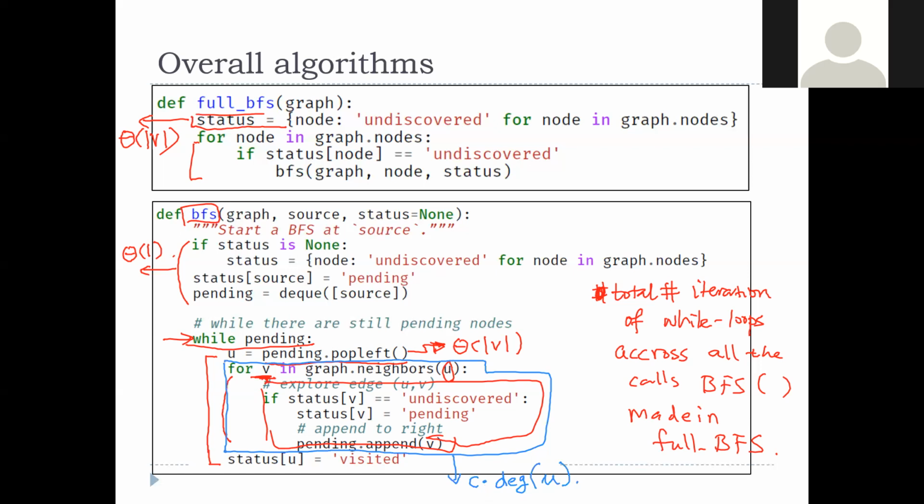In the worst case, of course, the degree of a node can be large, but in general, instead of giving a bound directly, we're now going to accumulate the total cost. I'm going to write it on the next page because I don't have space here.